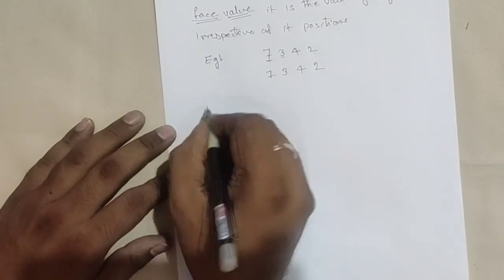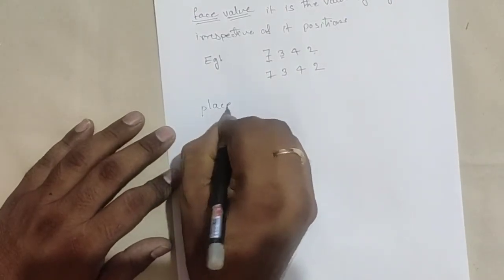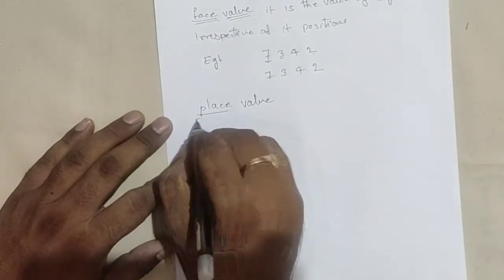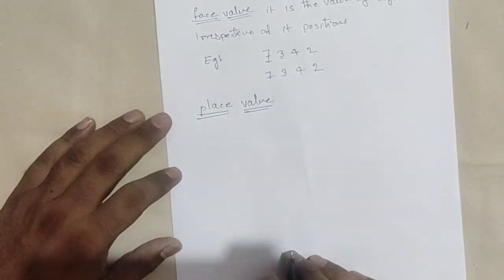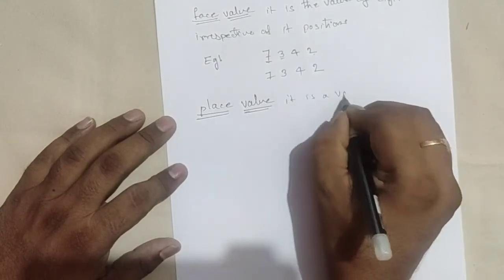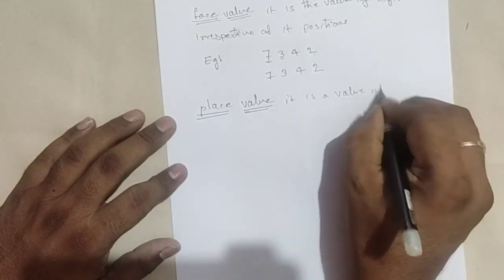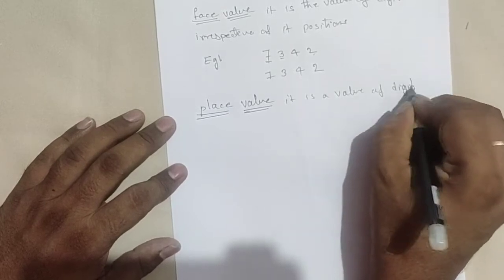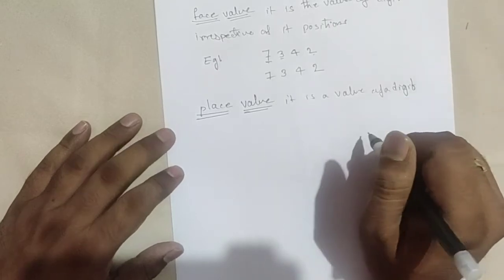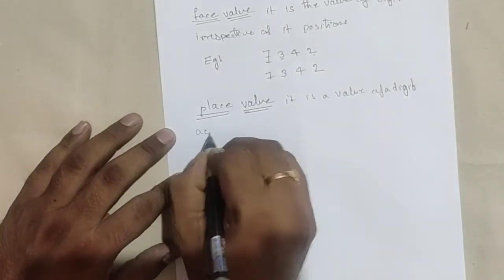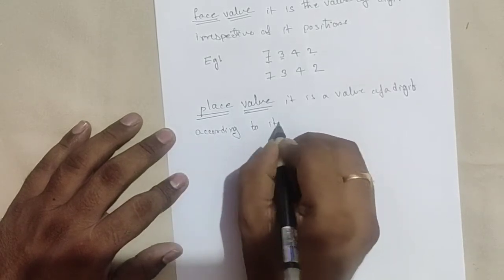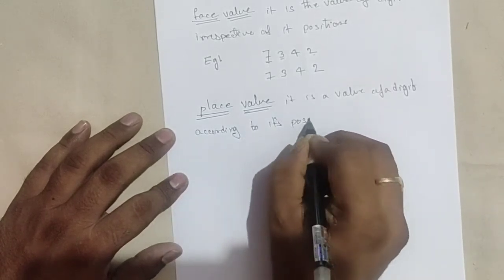Next one is place value. Place value is the value of a digit according to its position.